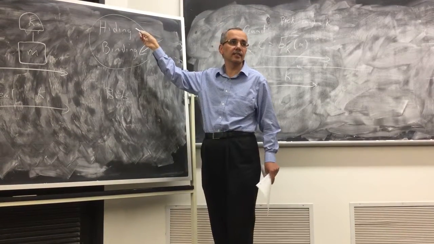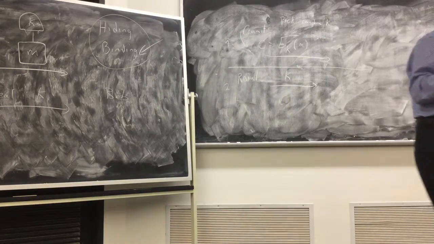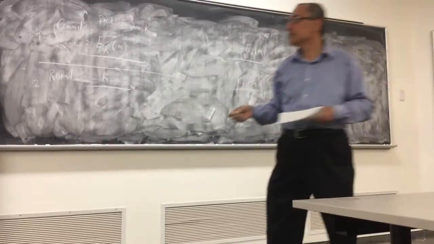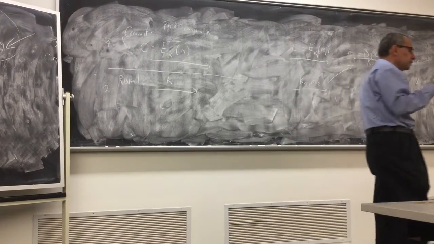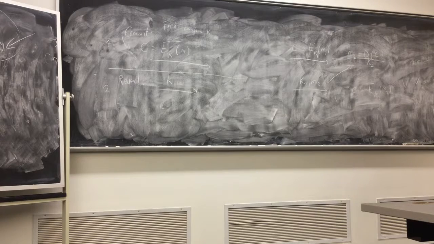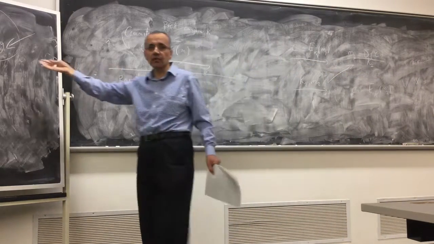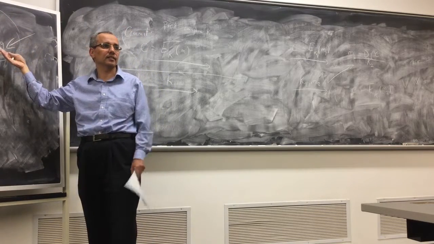I'm concerned with two properties, the hiding property and the binding property, but each one of them is defined in two different senses: unconditional hiding and unconditional binding, or computational hiding and computational binding.